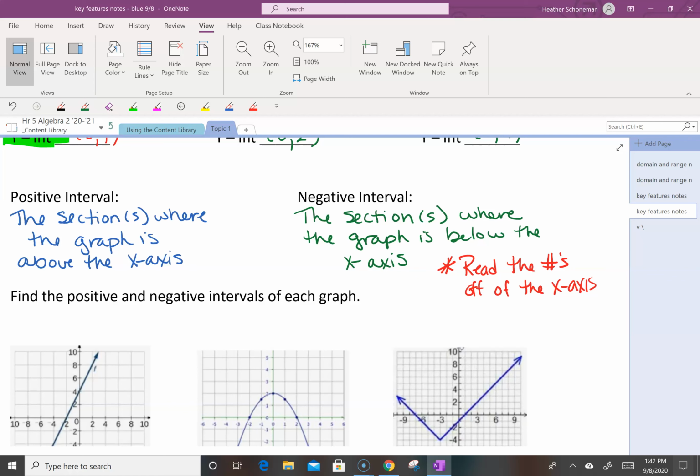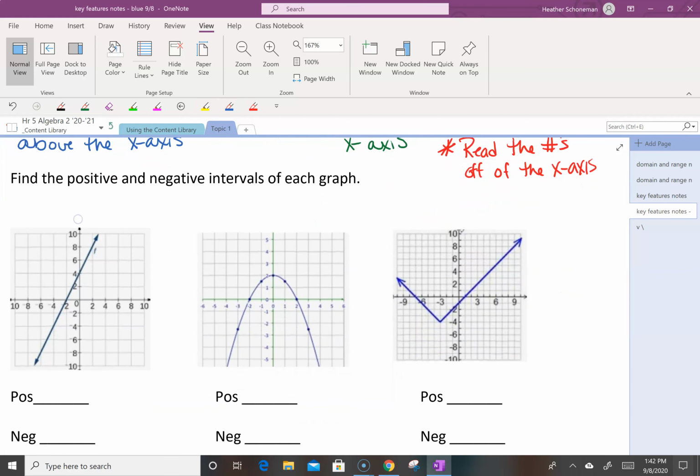When we talk about positive and negative intervals, we are always going to be reading the numbers off of the x-axis. We are going to be looking at the x-axis as our guide. Anything above is positive, below is negative. We are going to write this in interval notation, and we're looking at the left and right bounds of the interval. We are not at all concerned about where it is on the y.